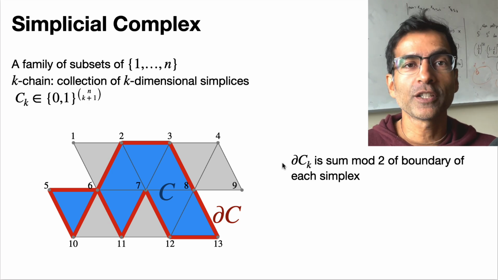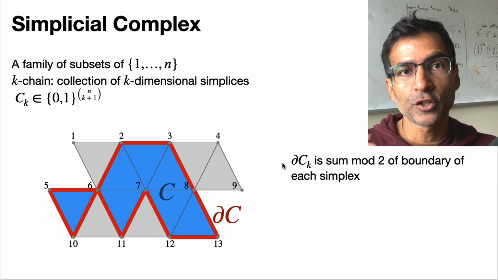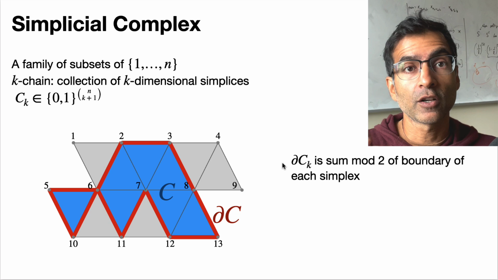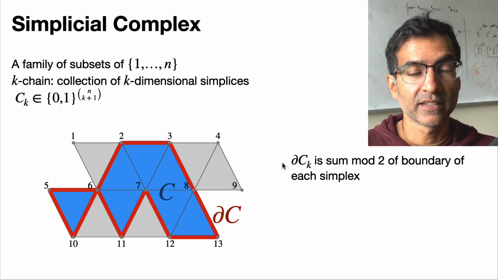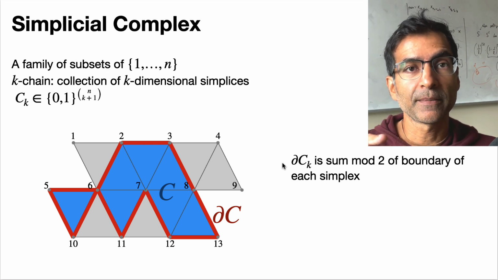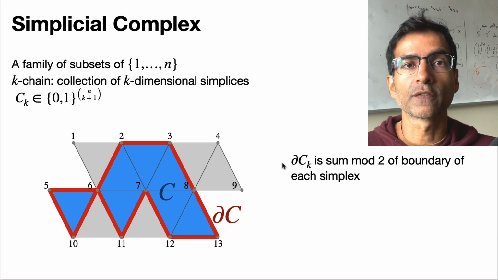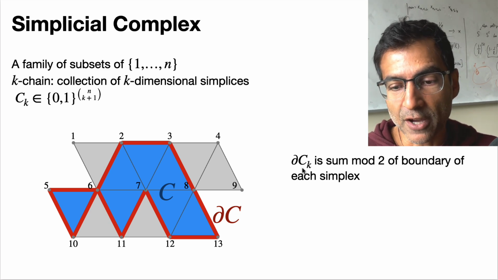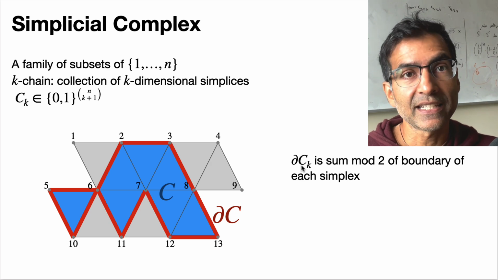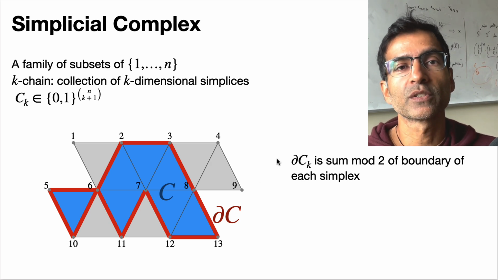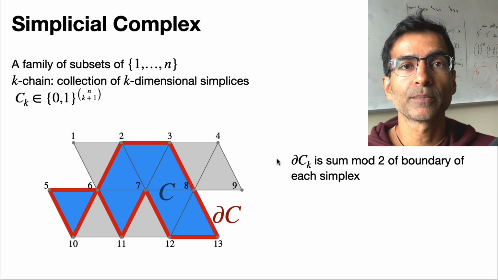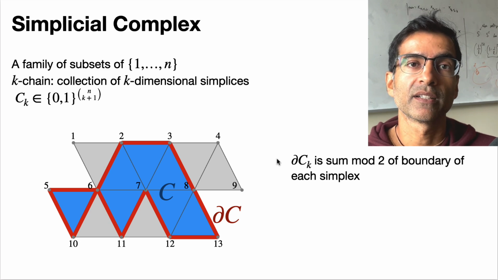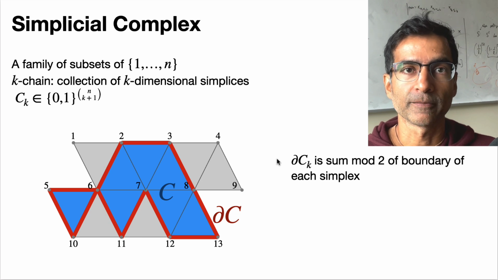To compute the boundary of a k-chain, just take the boundary of each k-dimensional simplex in the chain, which you can think of as a (k-1)-chain, and then take the corresponding vector of that (k-1)-chain and add up all of those (k-1)-chains modulo 2. Okay, so the boundary of the k-chain C is exactly all of those (k-1)-simplices that show up an odd number of times when you compute the sum modulo 2.